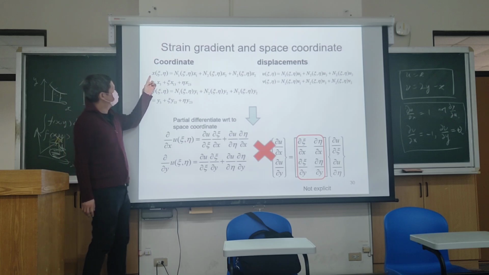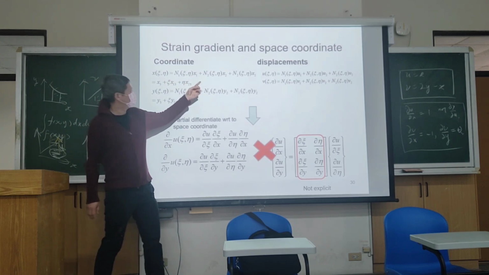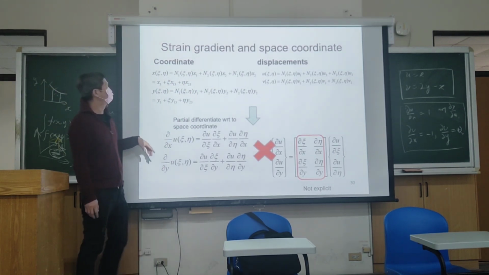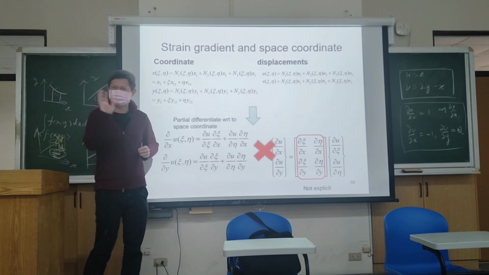So we can interpolate the physical coordinate using the shape function given the nodal points. Okay? So this is a coordinate. Okay, we don't use x, y directly now.